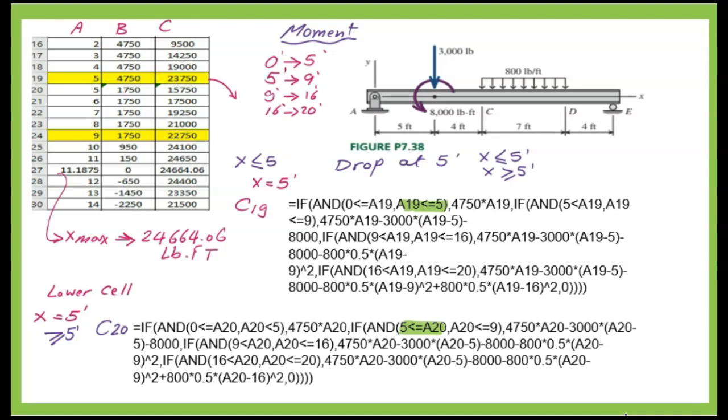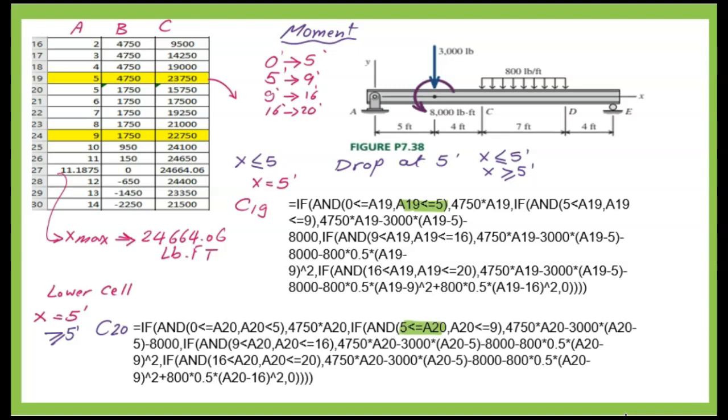Again, this is the x distance. Comma, IF AND, this is the start of the other region, from x bigger than 5 and less than 9. So A19 bigger than 5 and A19 less than or equal to 9, equals 4,750 by A19 minus the 3,000 multiplied by A19 minus 5.